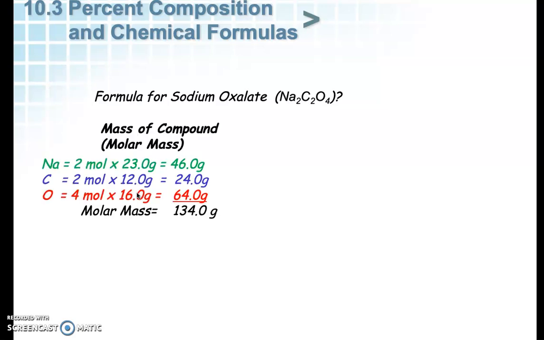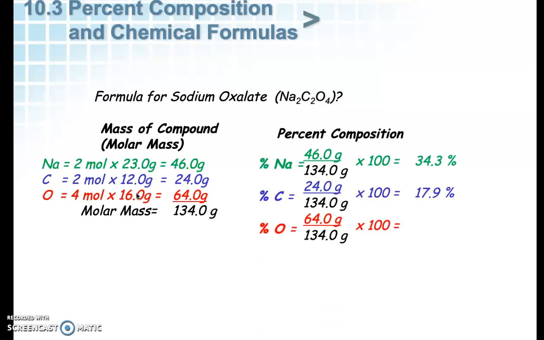Okay, so what we got here, same thing. You have 2 moles of Na, 2 moles of carbon, 4 moles of oxygen, times the mass of each one of them from the periodic table. And then here's the mass of sodium, mass of carbon, mass of oxygen. You take the sum of them, and you get the molar mass 134.0 grams.